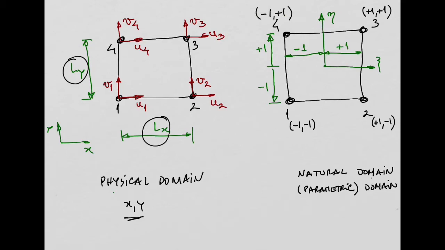So in this natural domain, this element will always have these fixed coordinates in this natural coordinate system, xi eta, right? So the coordinate axes for this natural domain are xi and eta, okay? And now what we are going to do next is build the shape functions on this natural domain, natural coordinate system, okay? That's what I'm going to do next.